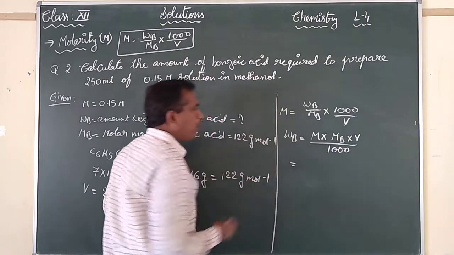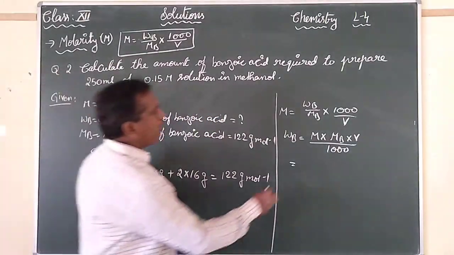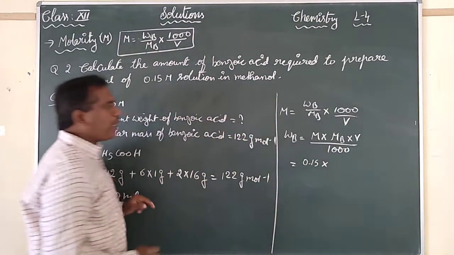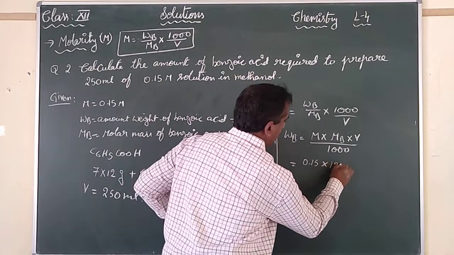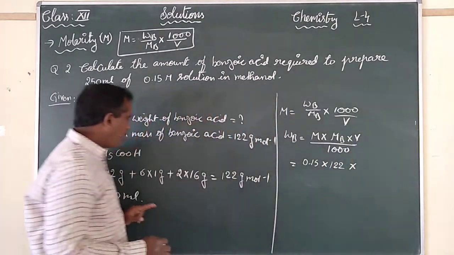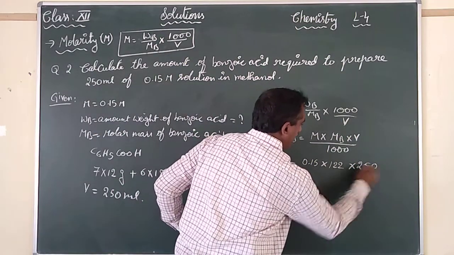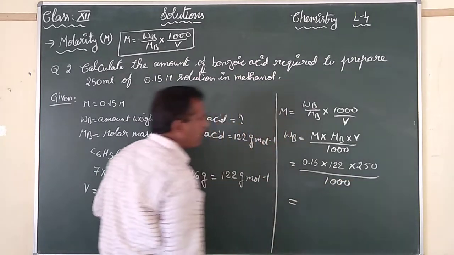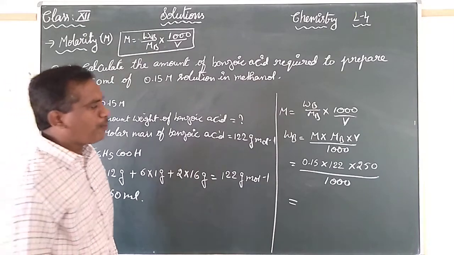What is the molarity given? Molarity given is 0.15 into molar mass of benzoic acid 122 grams. Volume of the solution 250 ml, 250 ml upon 1000. So please solve this, then you will be getting the answer. 0.15 into 122 into 250 by 1000.